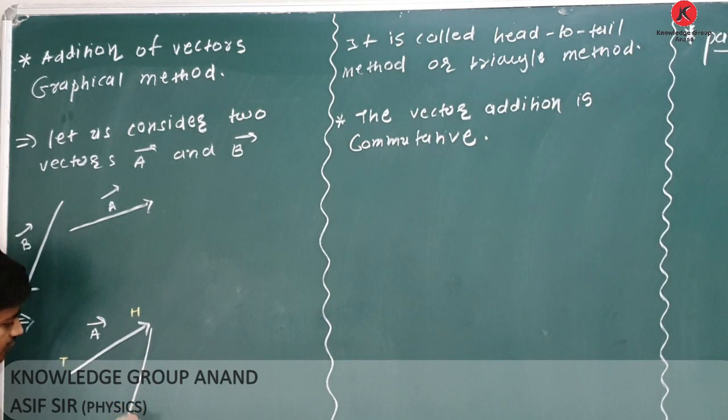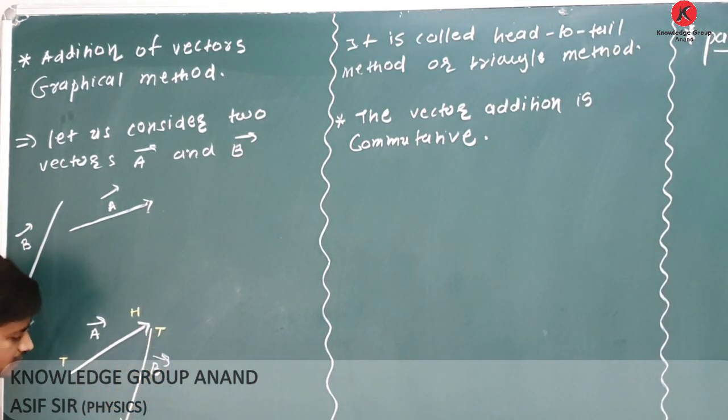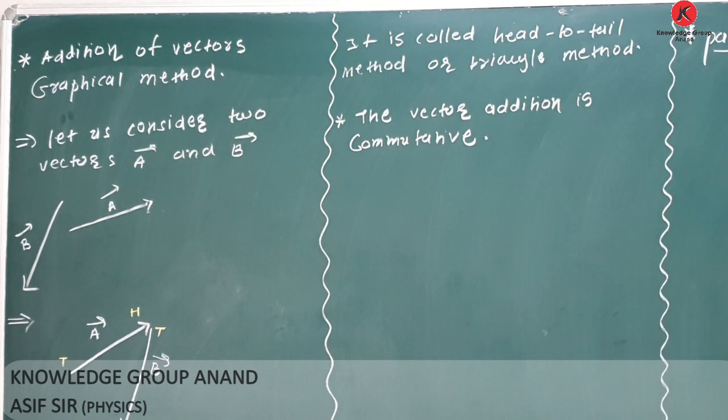So it is tail of vector B and it is head of vector B. Clear about this?